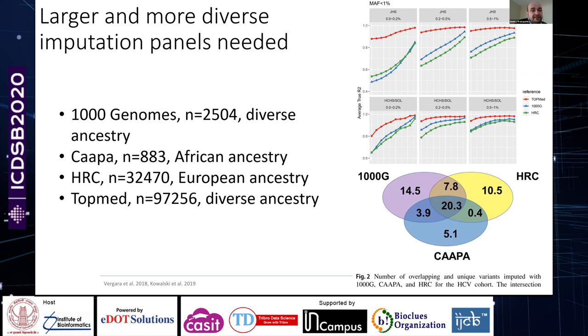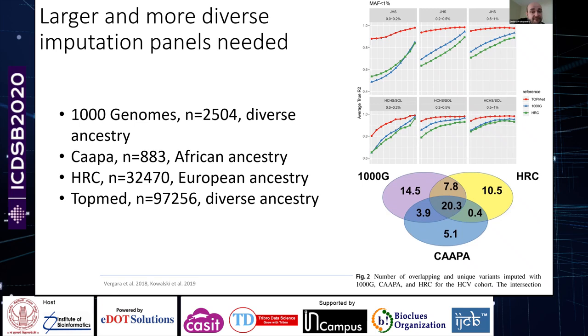There were some analyses which compared the reference panels, and for example, in the plot above, you see there were two studies, one of African ancestry, the GHS, and one of Hispanic ancestry, the HCHS, and they were imputed against three different imputation panels.